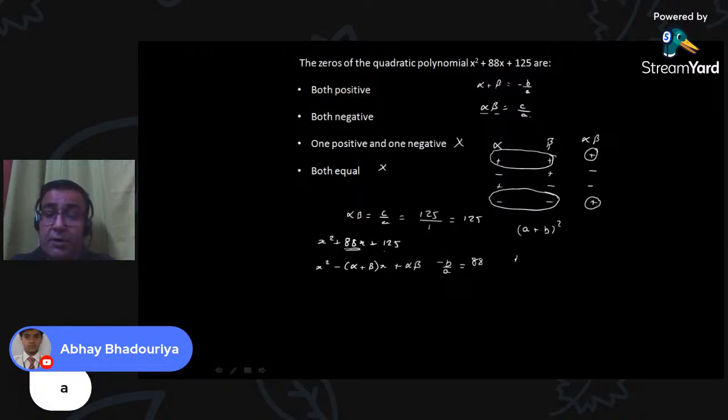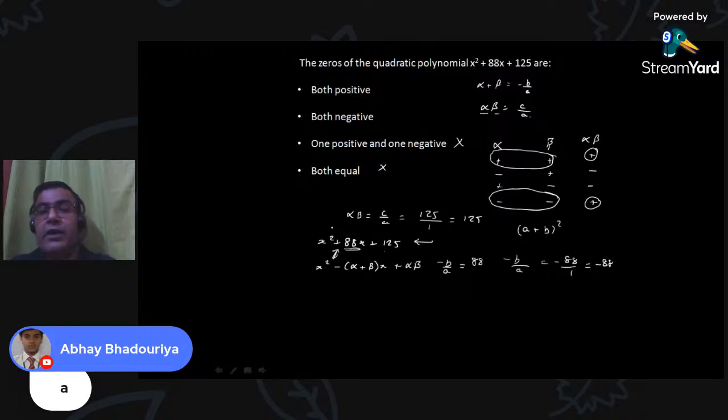So negative b upon a, using this, we get negative 88 upon 1, which is negative 88. That means if we had a negative 88 over here, then both of them would have been negative. But because we have got a positive term here, therefore both roots have to be positive.